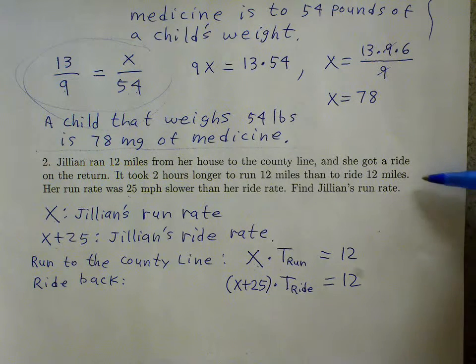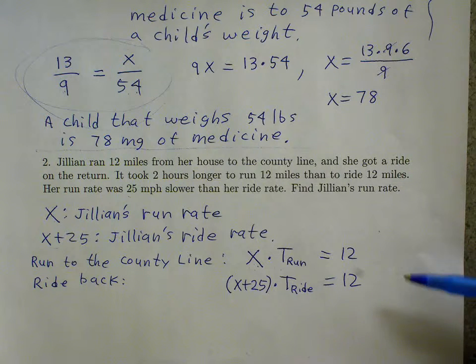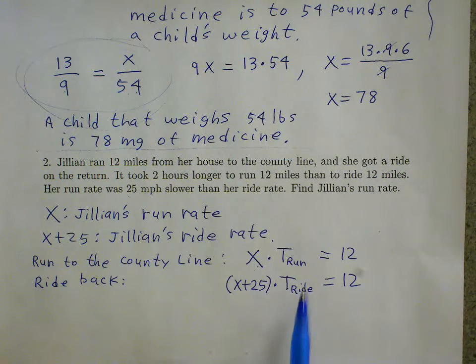So that piece of information is going to tell us what to do next. T sub run represents the amount of time it took her to run 12 miles.